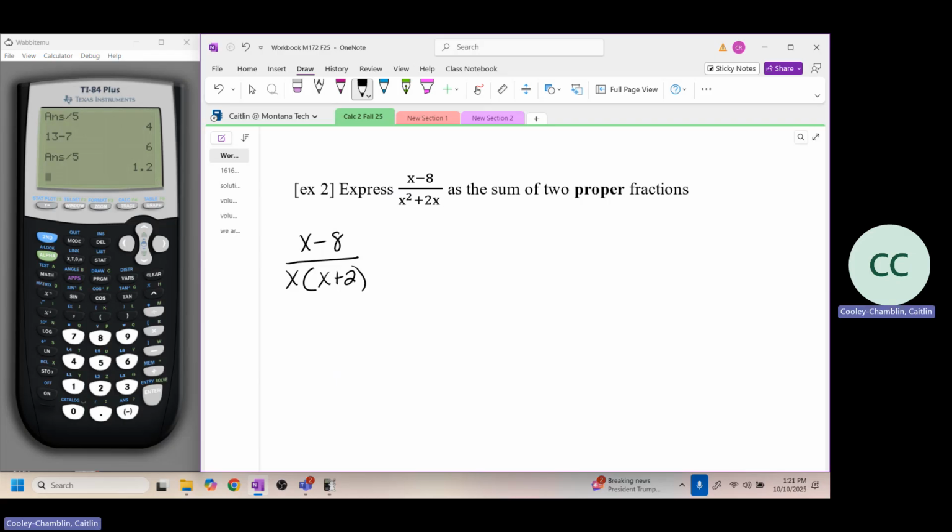Okay. So the first step that I did here was factor the denominator. I'm just going to put denom for short. So I factored the denominator.